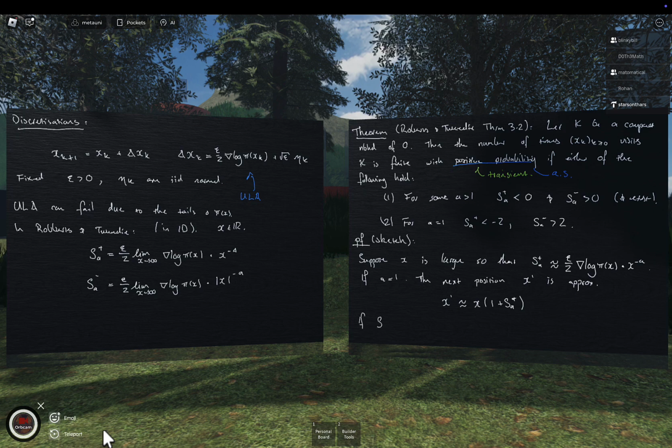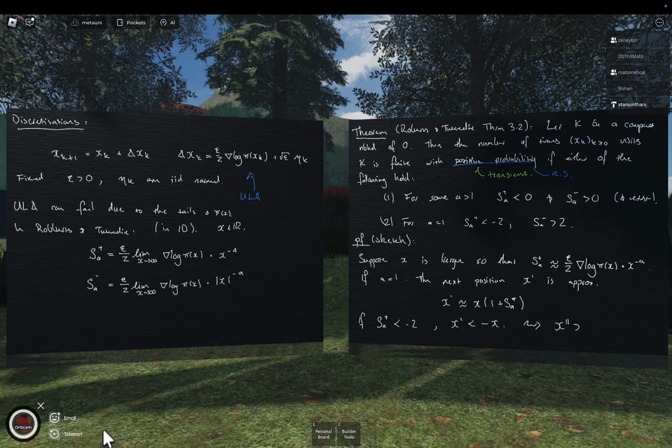So if we have that S_A plus is less than -2, then we have that x prime is less than negative x. And the problem with this is that the same thing holds true of the next step. If we replace S_A plus by S_A minus, we get that x double prime is again greater.